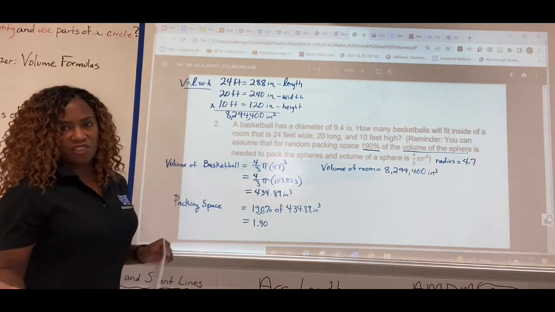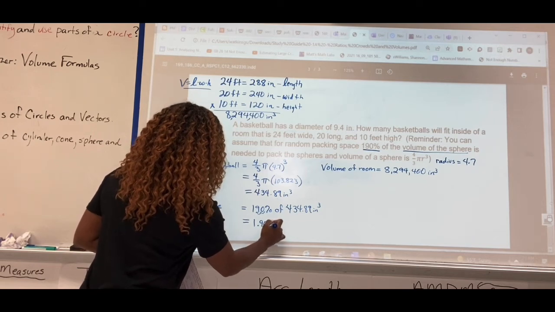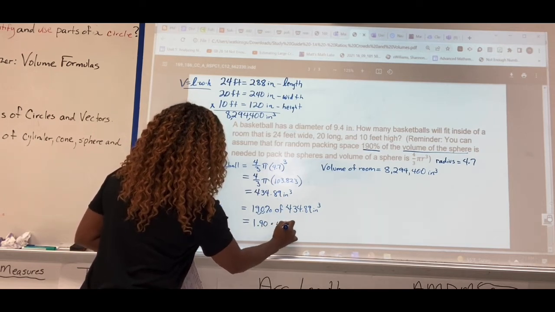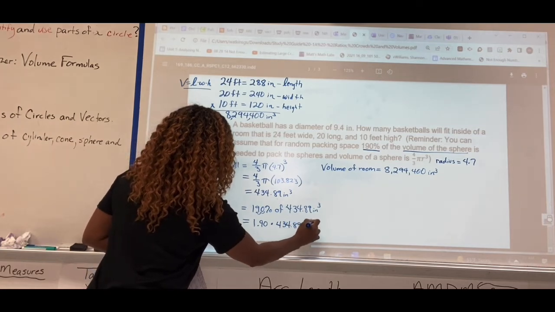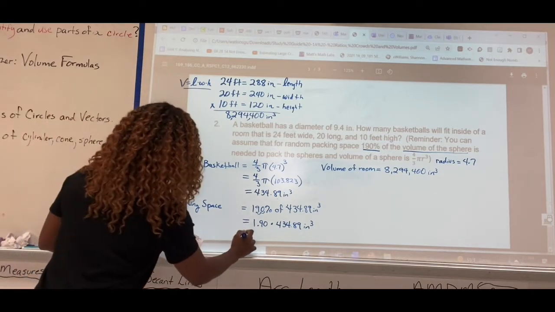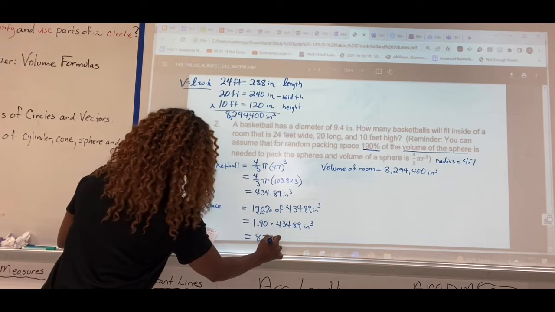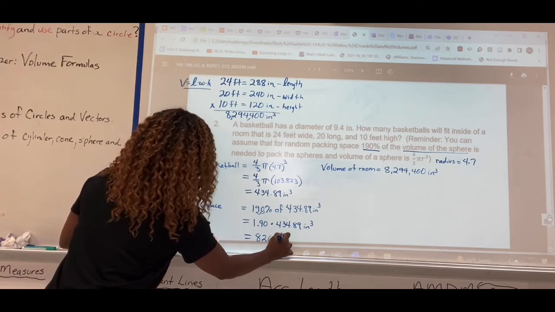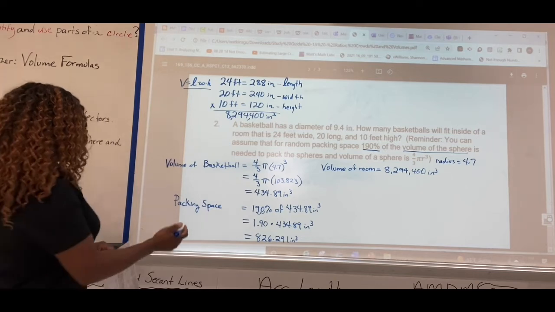It doesn't change the calculations. Of means multiply. So I'm going to multiply that by the volume of the basketball. And I've calculated that already. It gives me 826.291.